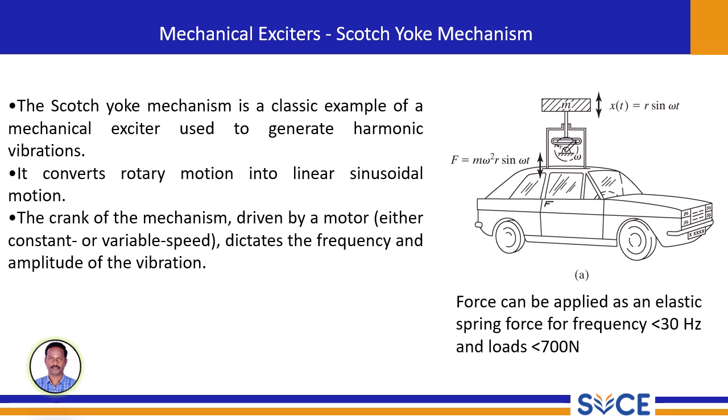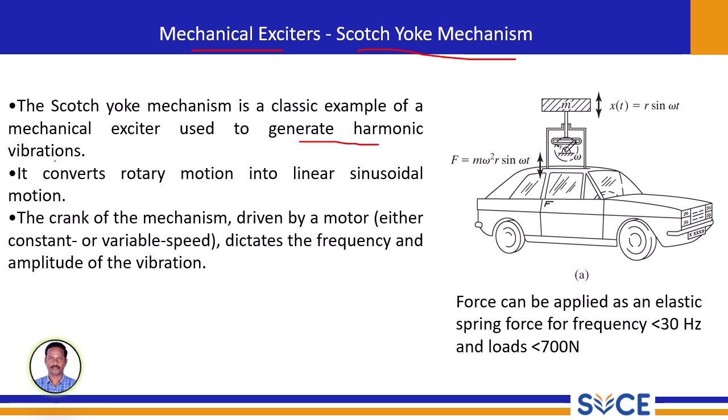Let's see one of the classic examples of the mechanical exciters, that is the Scotch yoke mechanism. This clever piece of engineering is a prime example of how we can control harmonic vibrations mechanically.